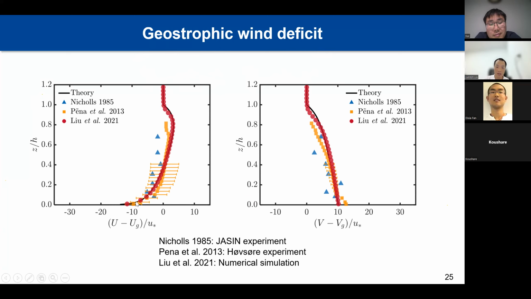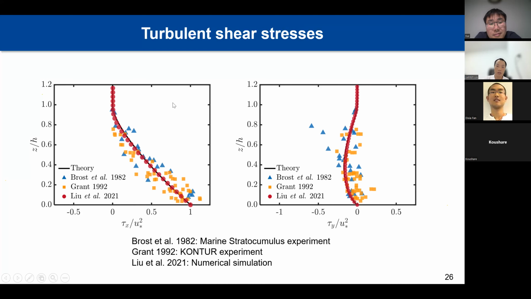The solid line is the theoretical prediction, the red circles are the numerical simulations, and the triangles and squares are field data. Clearly, the agreement is very good. Here is the comparison for the turbulent shear stress, and again the model prediction, field data and numerical simulation agree very well.